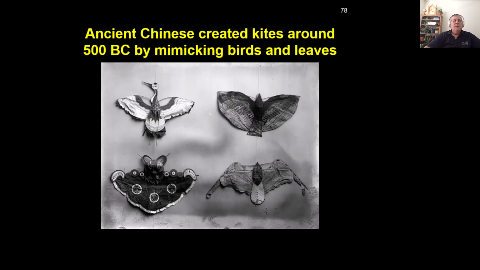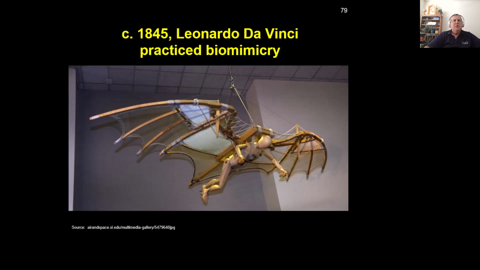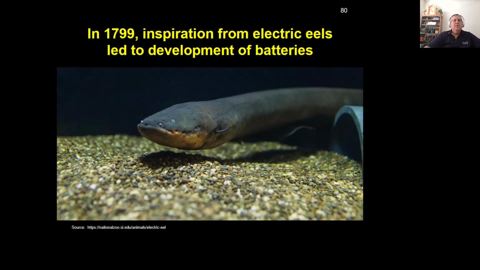Ancient Chinese created kites mimicking birds and the way leaves flutter and fall. Leonardo da Vinci, amongst other things, practiced biomimicry, studying flying and other types of natural structures, wing structures. Back in 1799, inspiration from electric eels led to the development of batteries.